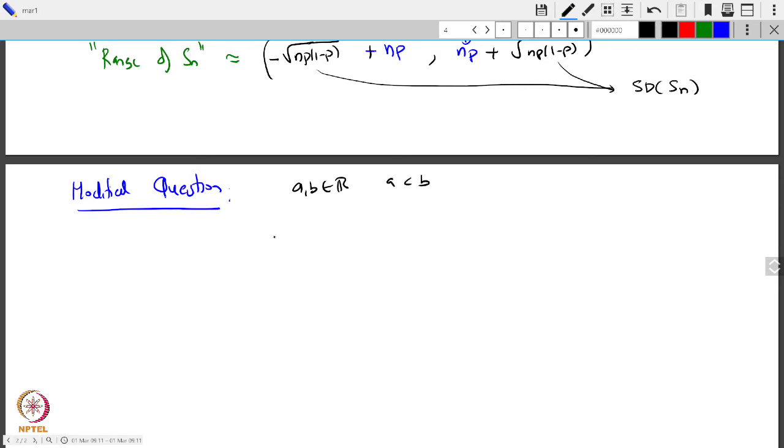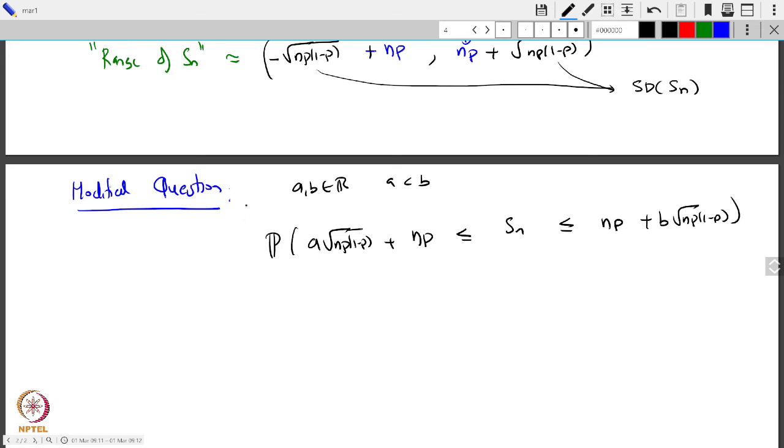Instead of looking at the chance that Sn is between A and B, you look at the chance that Sn is between, let's say, it's going to center at np, so it's np on this side, and on this side you have np again, but then you add and subtract according to A and B. Let's say a times square root of np times 1 minus p on this side, and b times square root of np times 1 minus p on the other.